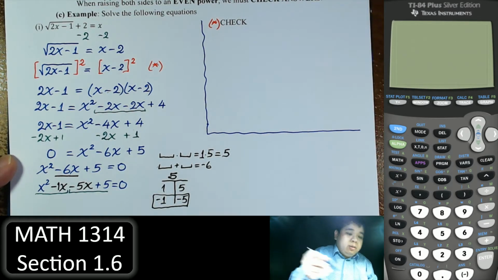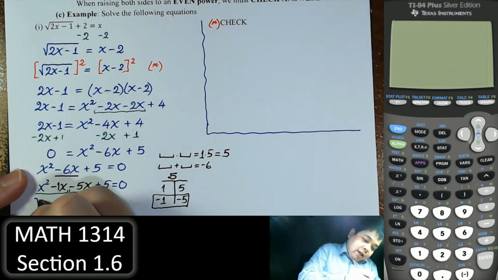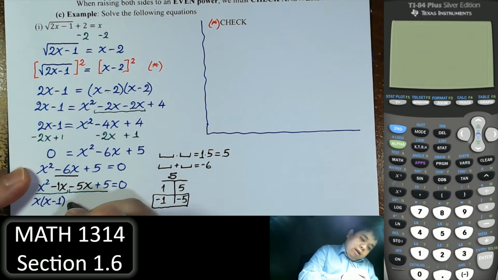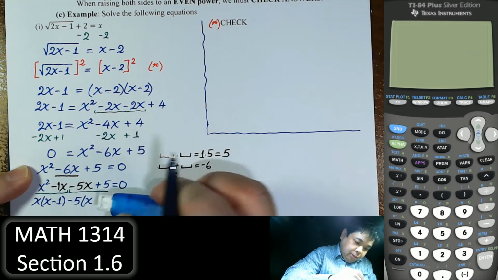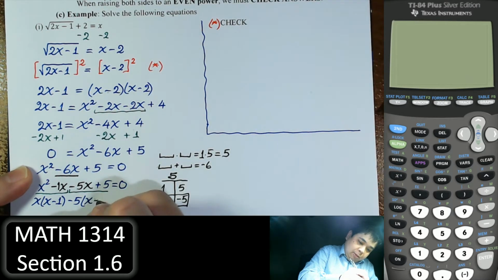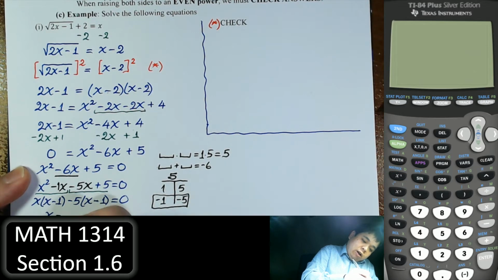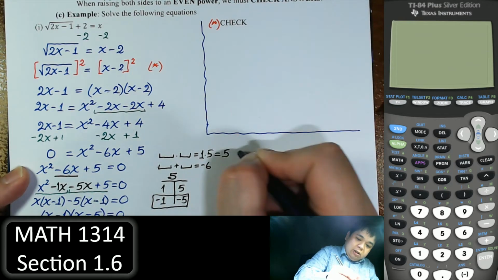The first two terms, factor out an x, then x minus 1, and then factor out negative 5, x minus 1, sorry. And factor x minus 1, x minus 1, x minus 5 equal to 0.